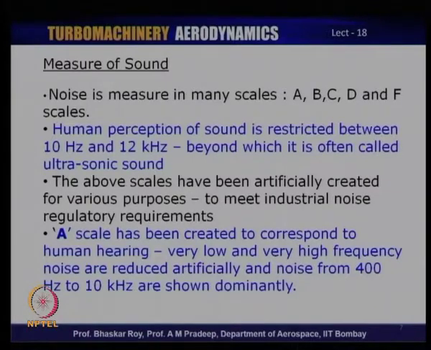So, anything less than about 100 hertz, some very perceptive people might hear less than that, and anything above 12 kilohertz, that is 12,000 hertz, is normally not heard by human beings. And so, anything beyond 12 kilohertz, which is measurable sound in normal measuring instruments, is often called ultrasonic sound.